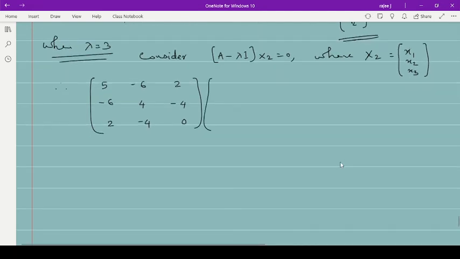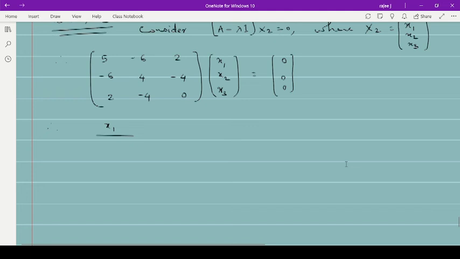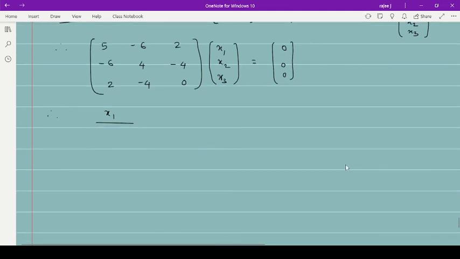x1, x2, x3 equal to 0, 0, 0. So consider again any two equations, say 2 and 3.